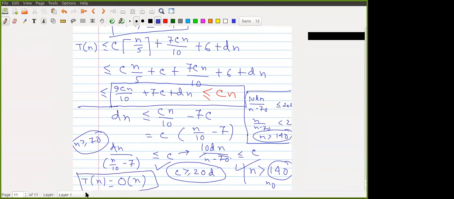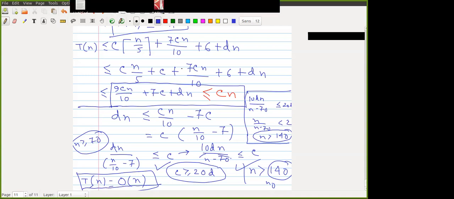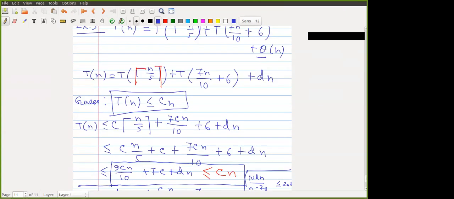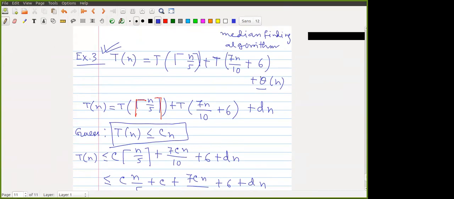So is this okay? This is okay, right? Hello? Yes, sir. Everybody, it is okay, right? So this is also a very famous relation for this median finding.